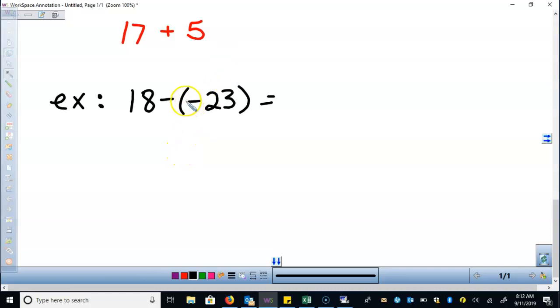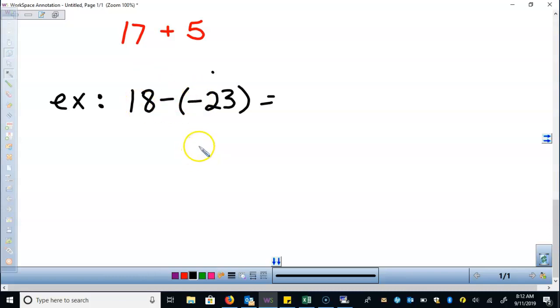Okay? And when we go further in our lessons, you might even see a number in front of the parentheses. What does that mean? Go ahead, shout it out. Yeah, it means multiplication. So we use parentheses for a couple of different reasons. In this case, there's no real number in front of it. It's just separating those two negative signs.